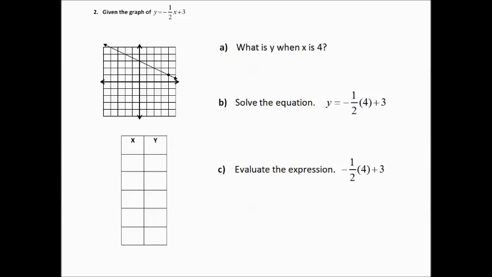Number 2, given the graph of y equals negative 1/2 x plus 3. That means this graph is represented by this equation. Let's also take a look at a table like we did in our first example, by looking at where my line crosses some integer points on my grid.